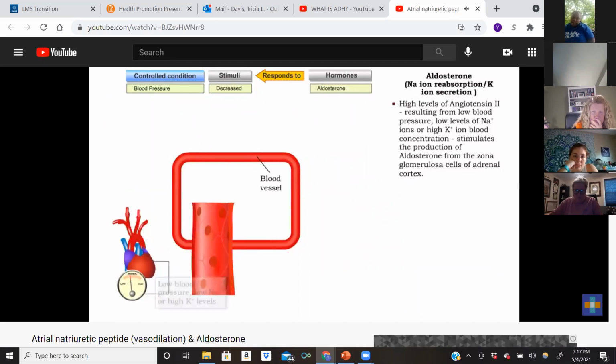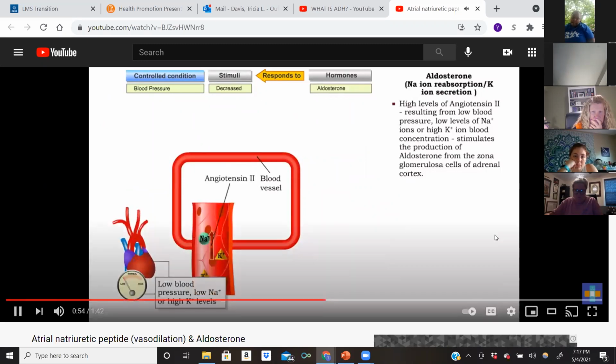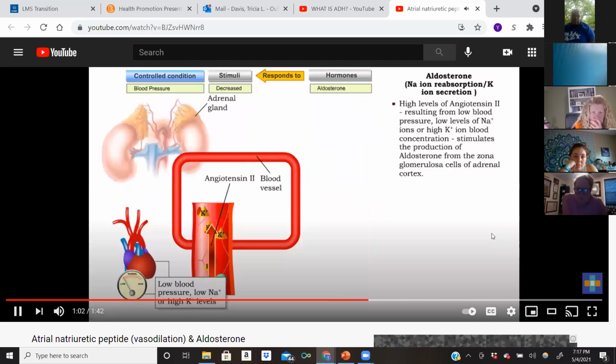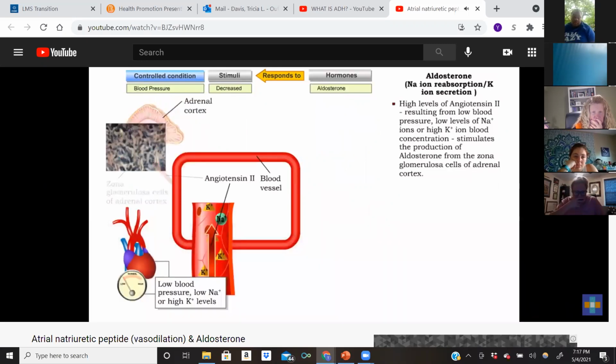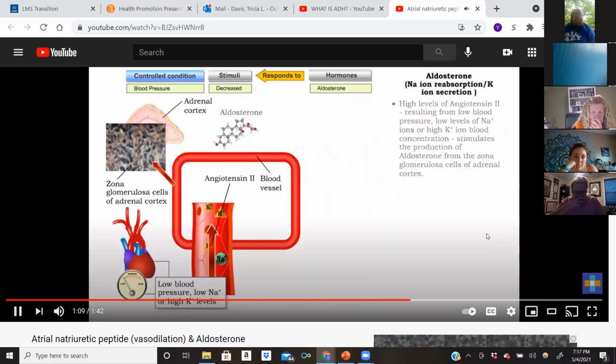High levels of angiotensin II result from low blood pressure or low levels of sodium ions or high potassium ion blood concentration. These high levels stimulate the production of aldosterone from the zona glomerulosa cells of the adrenal cortex.